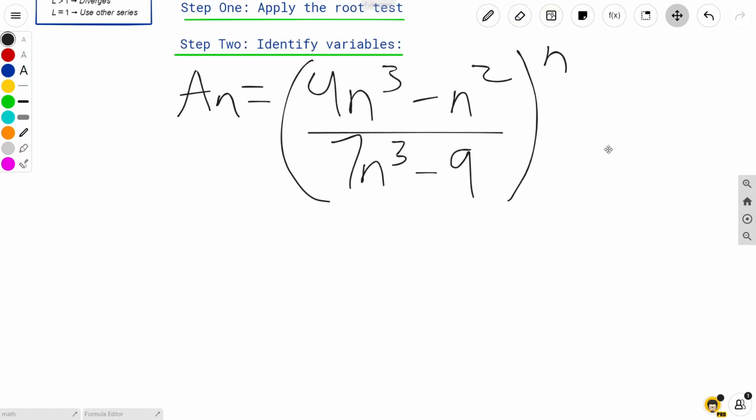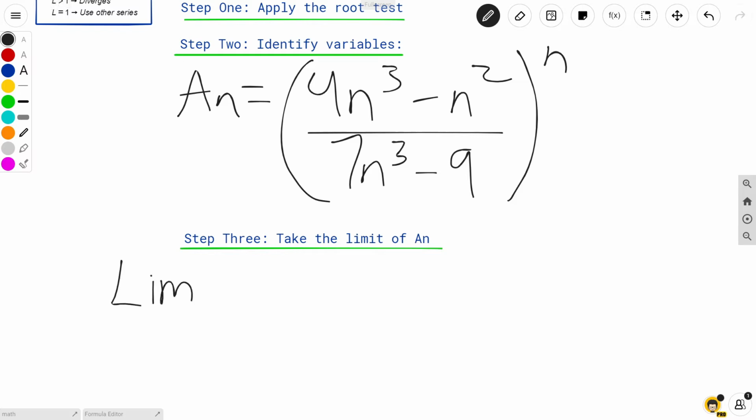So for step 3, we're going to take the limit as n approaches infinity of a sub n, which is going to give us a number L. Based on whatever L is, we can apply one of these root test conditions.